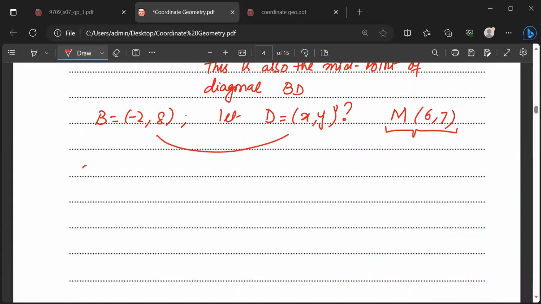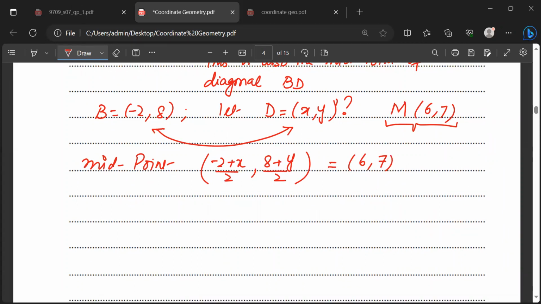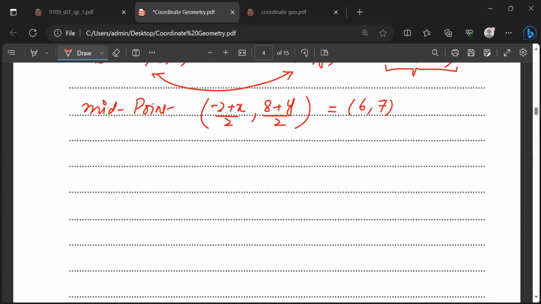Using these to find the midpoint, we get minus 2 plus x over 2, 8 plus y over 2. This is the midpoint using x and y, the coordinates of D, and you can equate this to 6 comma 7 because this is also the midpoint of the diagonal. So minus 2 plus x over 2 is equal to 6, and 8 plus y over 2 is equal to 7.